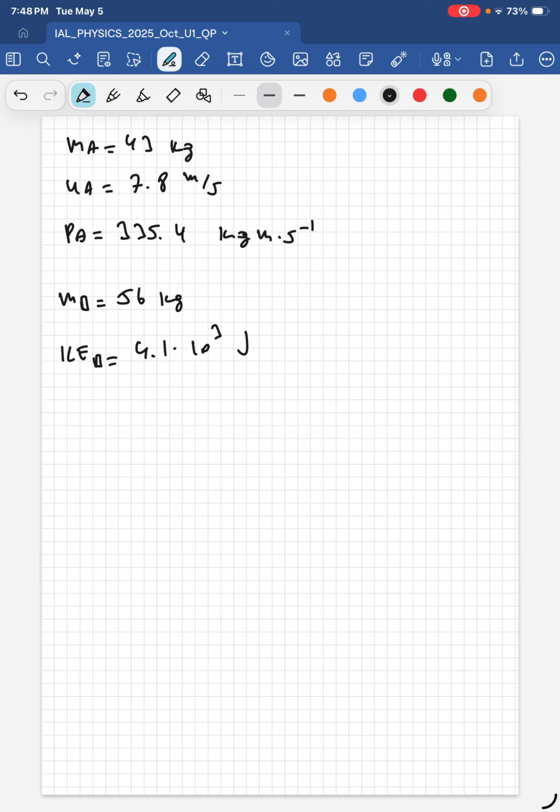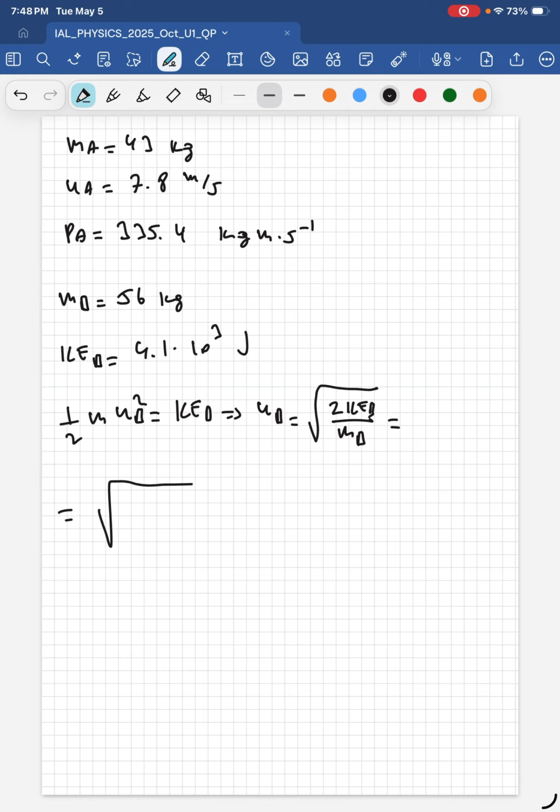Okay, so we can find the velocity. 1/2 m times UB squared is equal to the kinetic energy of B. Therefore, UB is going to be the square root of 2 times the kinetic energy of B over the mass of B. So this is going to be equal to the square root of 2 times 4.1 times 10 to the third over 56 kilograms. So 12.1 meters per second is the speed of B.